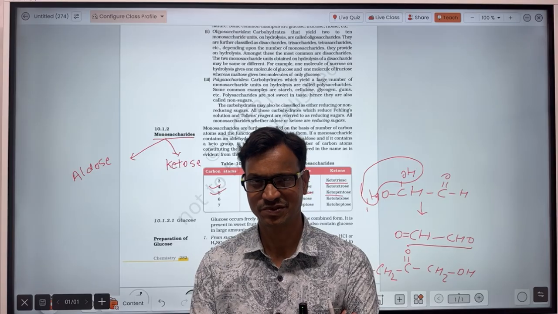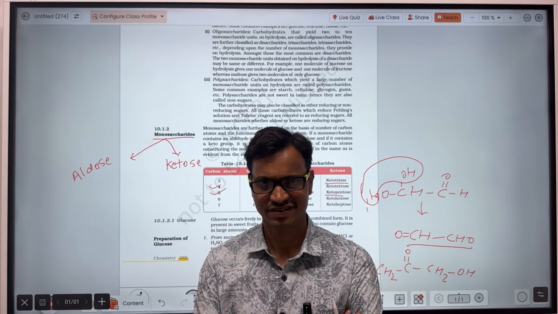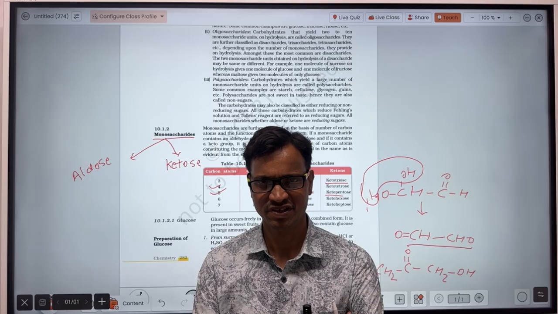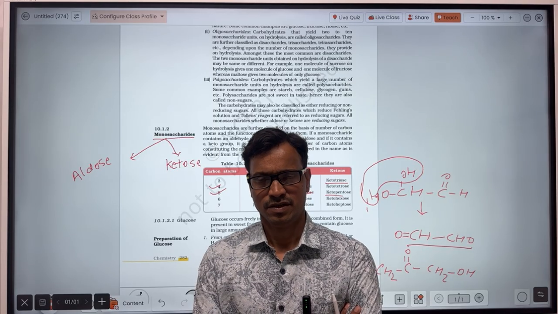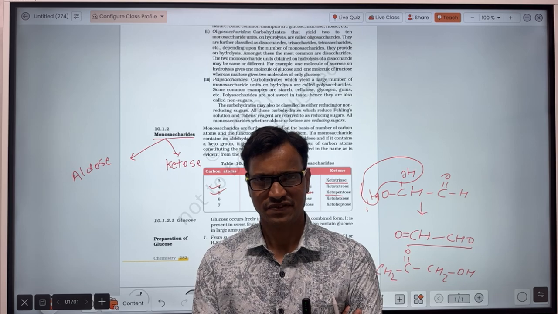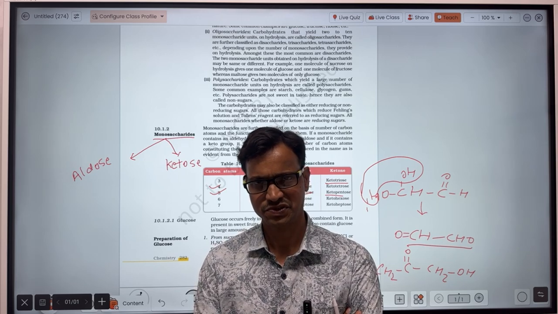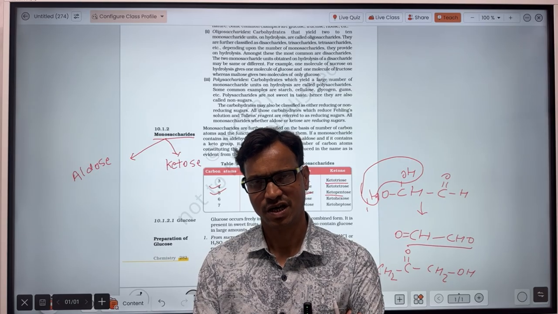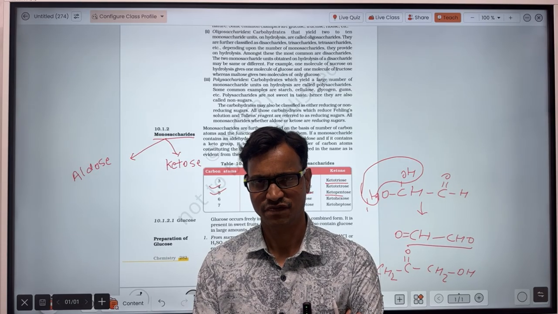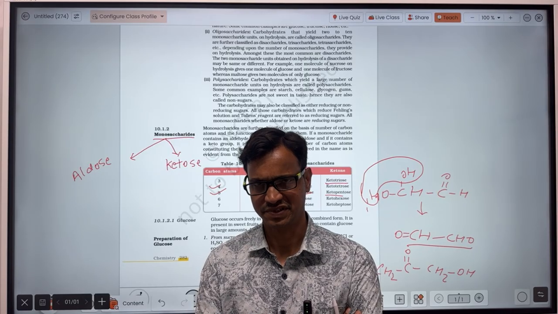Ammoniacal silver nitrate is called Tollens reagent and Cu2+ is called Fehling solution. Non-reducing sugars are the sugars which don't reduce Tollens reagent or Fehling solution.